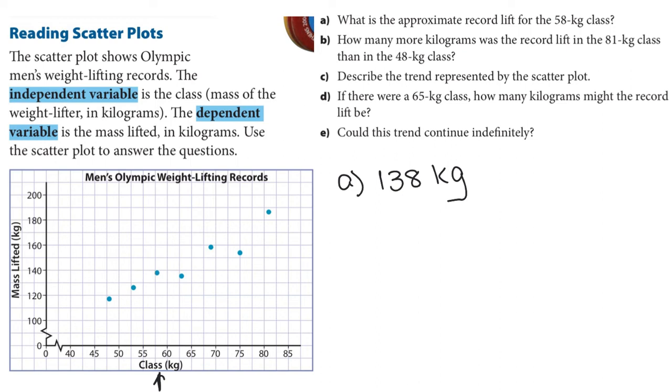Part B says, how many more kilograms was the record for 81 than 48? We have to find both of those. The 81 would be just above 80, which would be this dot right here. I would say he is at about 185.